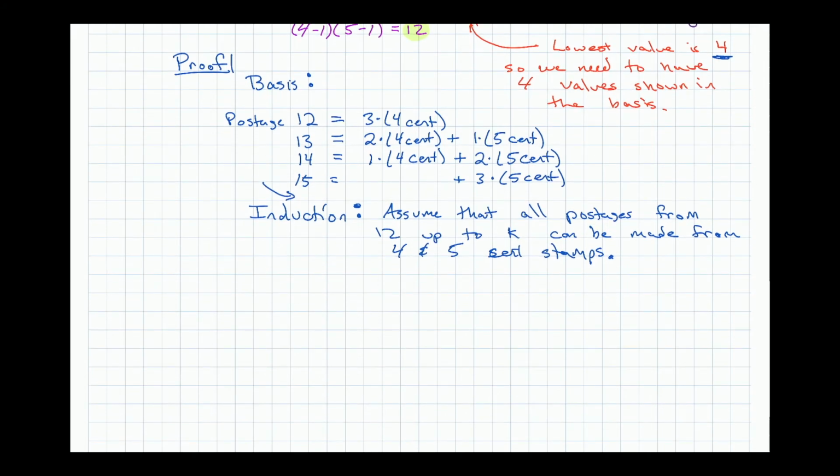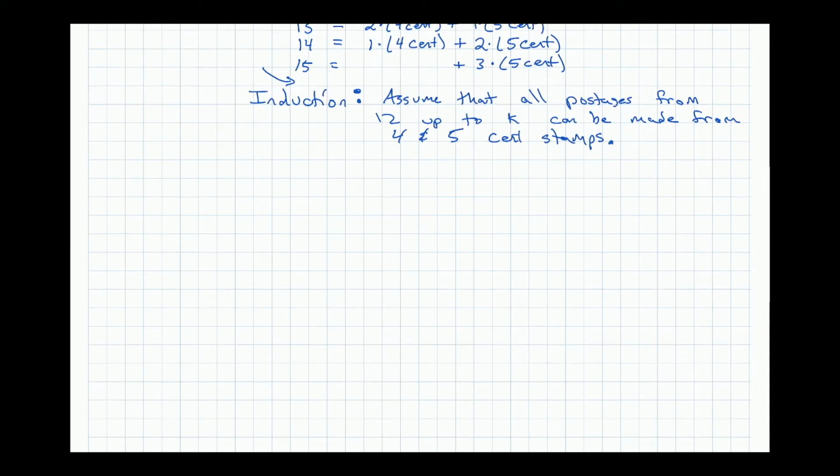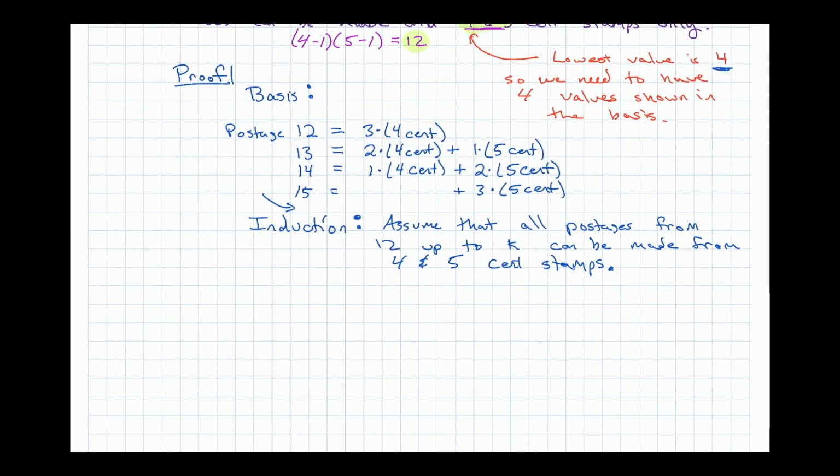So all postages from 12 up to k can be made from 4 and 5 cent stamps. Okay. In addition to that, we can also assume that k is at least 15. Okay. Because we did 12, 13, 14, and 15 already. So we don't need to talk about that. So k is 15 or more.